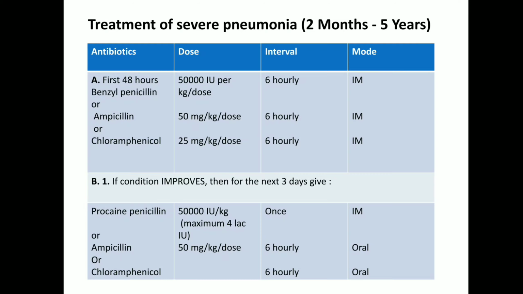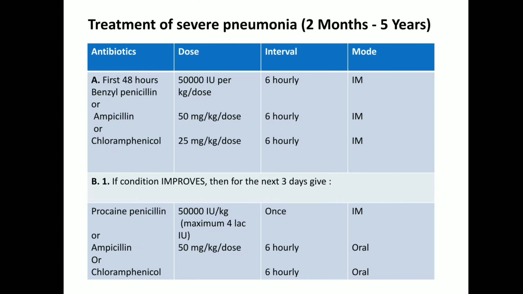And the next one is if the condition improves in the next 3 days. After starting the antibiotic, within 2 days, if the condition of the child is improving, you have to go for procaine penicillin.